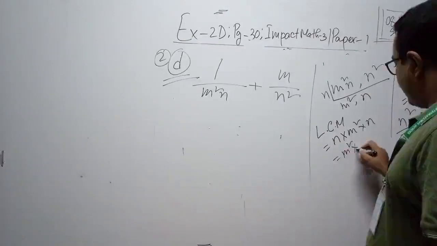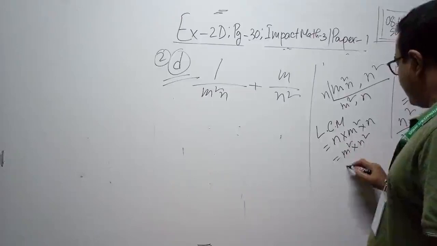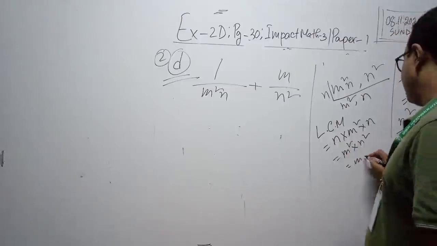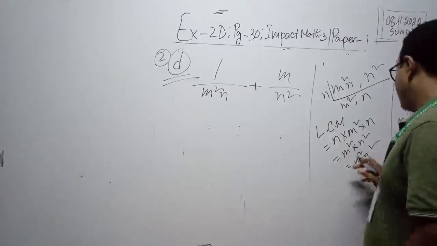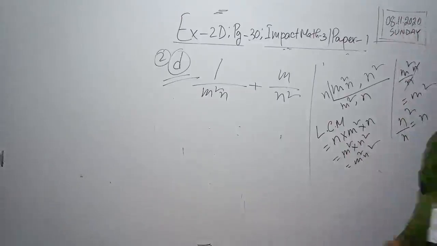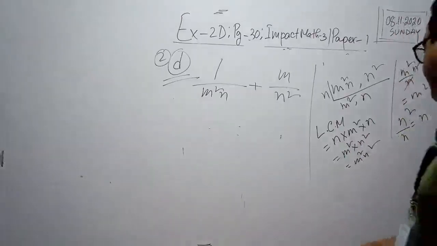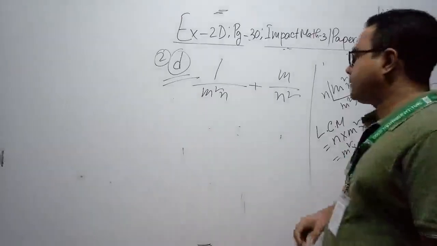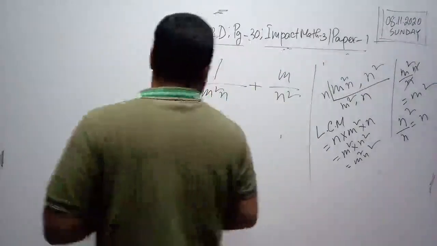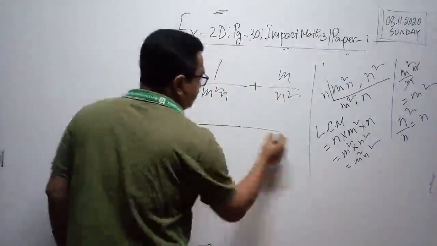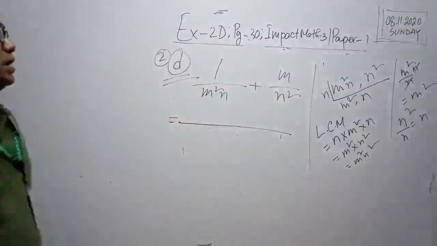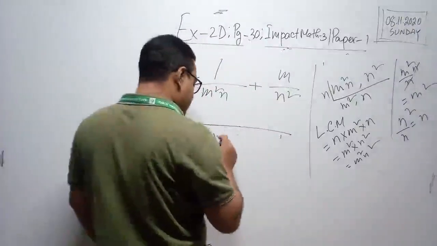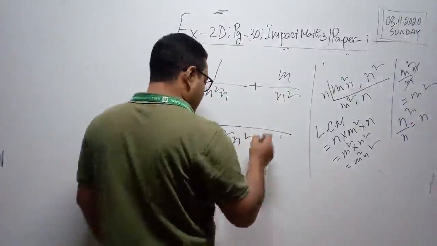So m square into n and n square, you can also write it in this form. Cross product, dot product, okay. Now we have LCM m square n square.